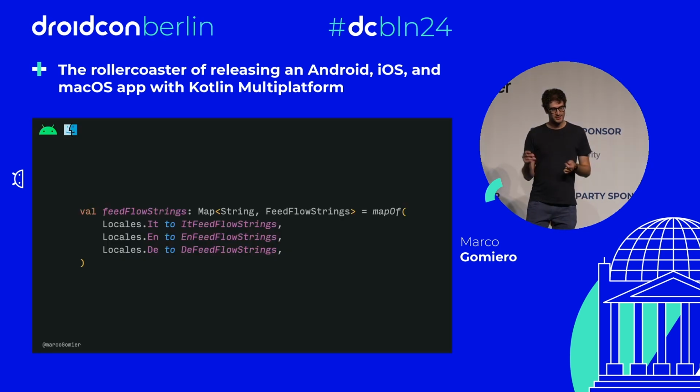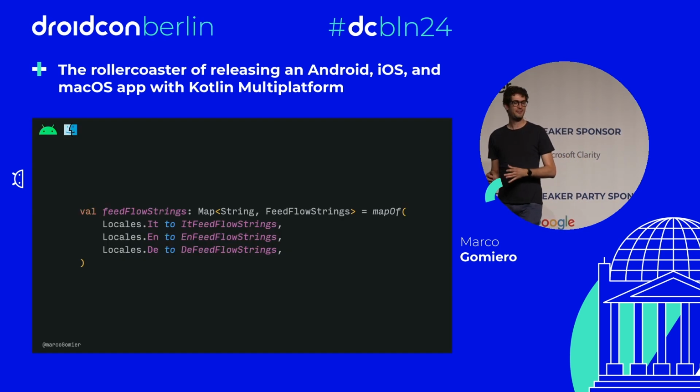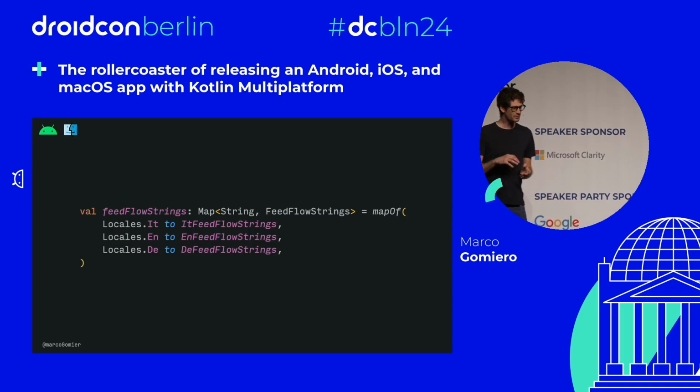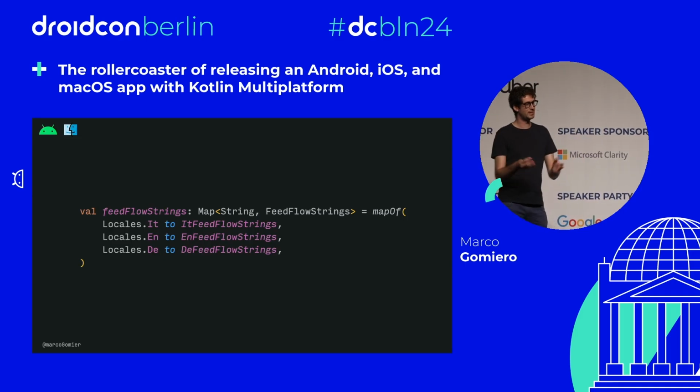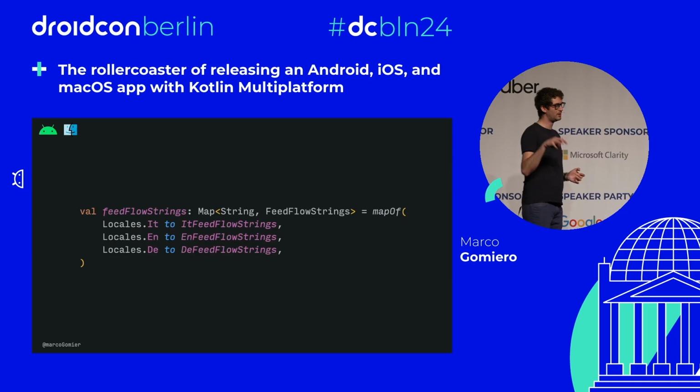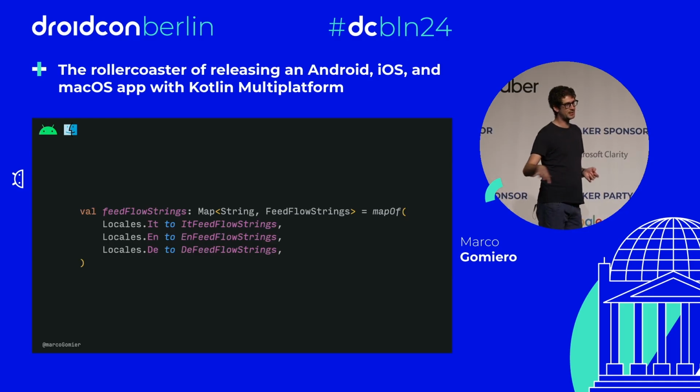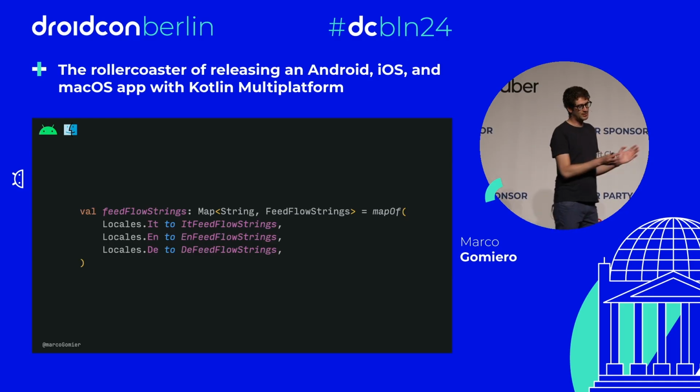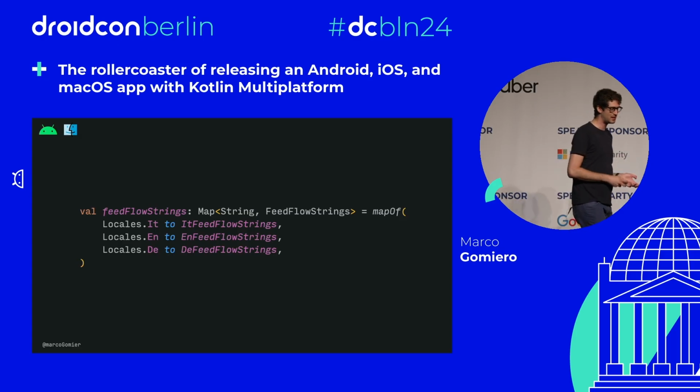With Lyricist, basically what you're going to have is a map. It's automatically built by the library. It's going to be a map with your strings inside a Kotlin object, and then of course the language code that you're targeting.